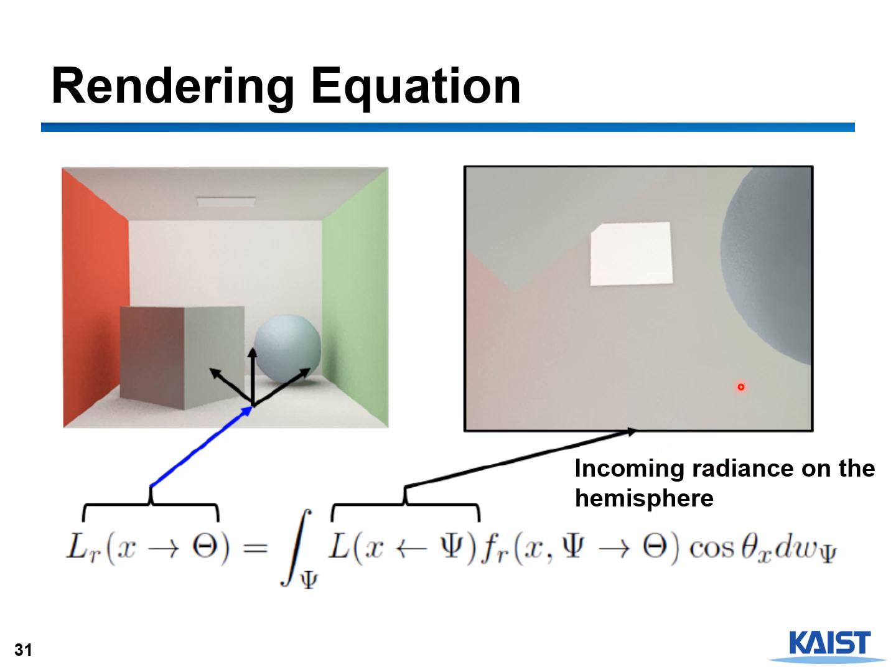I visualize this color information on the hemisphere as a rectangular image. This is the incoming radiance on the hemisphere. In some directions we might gather a lot of energy since there is a light source, and in other directions we might get less energy. For each incoming direction we consider the BRDF and cosine term, and then we integrate everything over all possible solid angles over the incoming hemisphere.